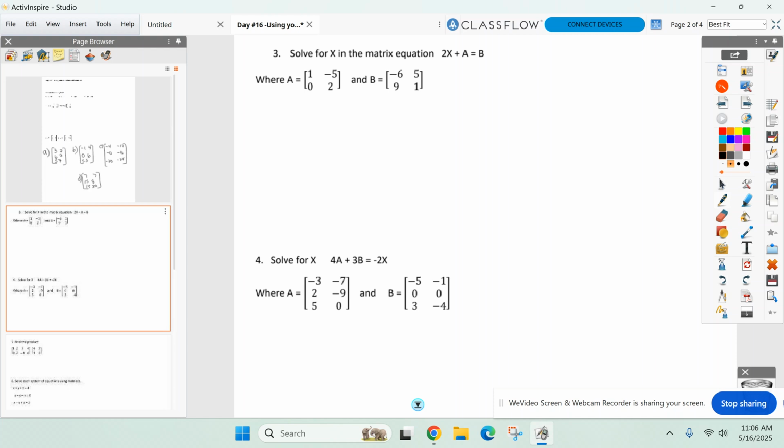Everyone have those two? Finish up, put those two in for me. Call them A and B so I can show you how to find the missing matrix. Everyone got it plugged in?